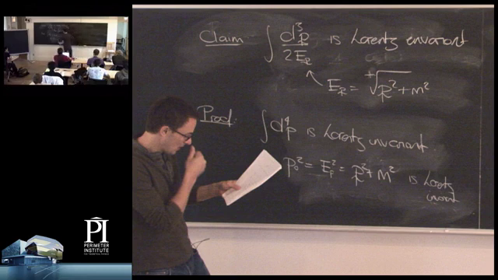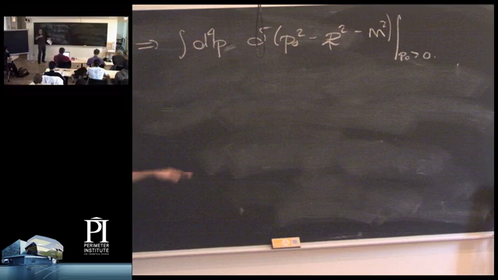In particular, there are 2 solutions to p0, one with a plus sign, one with a minus sign, but picking which solution we're on is also a Lorentz invariant statement. Yeah, sorry, the square. Thanks.